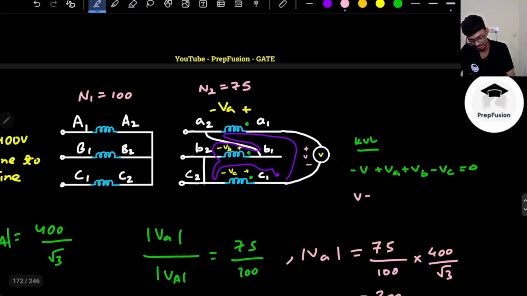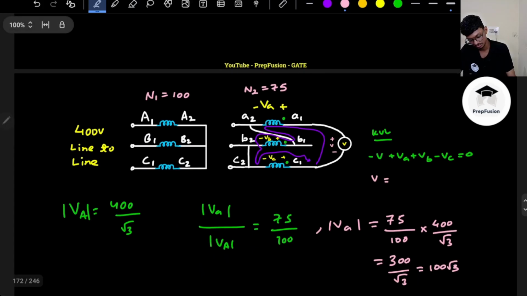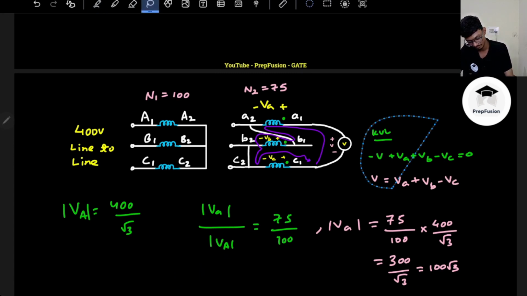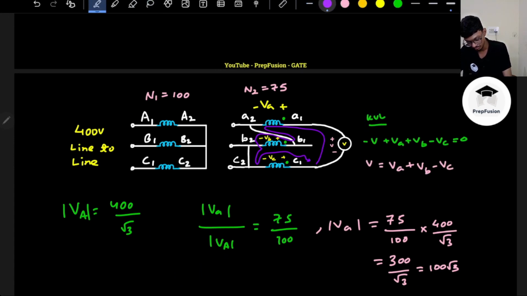So V equals VA plus VB minus VC. VA is this magnitude at phase 0 degree. It is phase sequence ABC, so it will be angle 0.